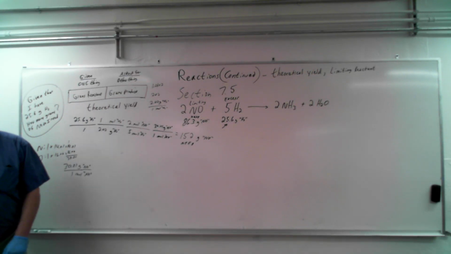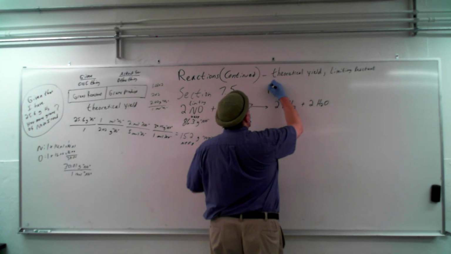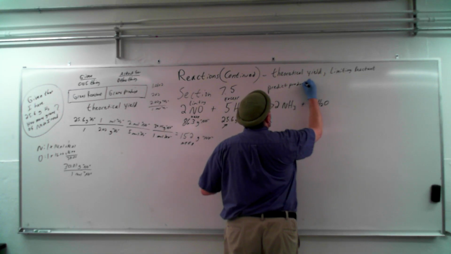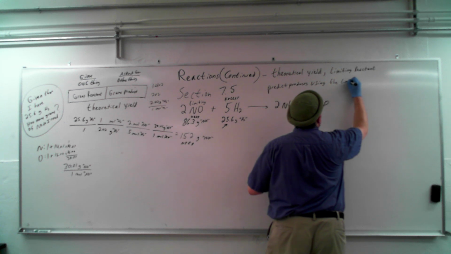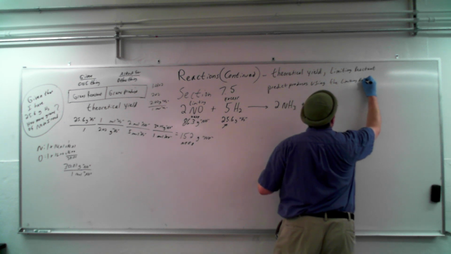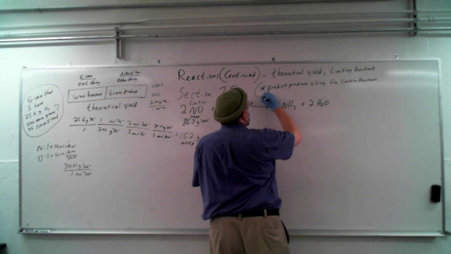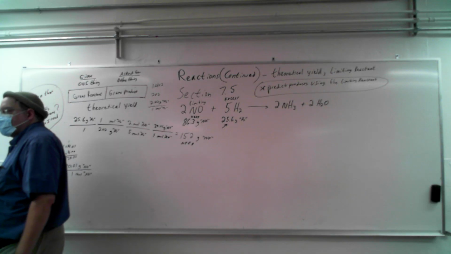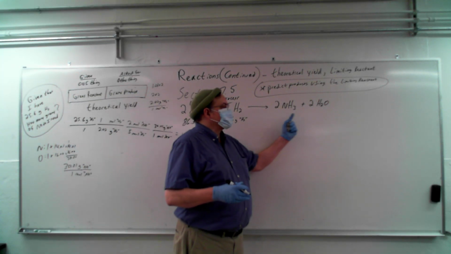Okay, here's the point. Figuring out which one is the limiting reactant tells you that. I didn't write that big, but that's the whole point. Now that we found which one is the limiting reactant, we're going to use that one to predict amounts of products.